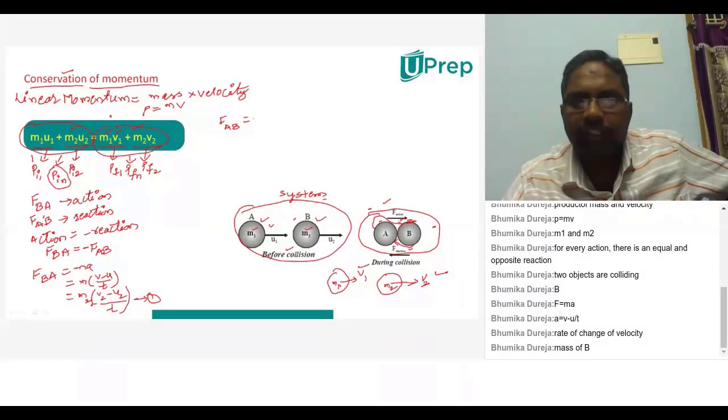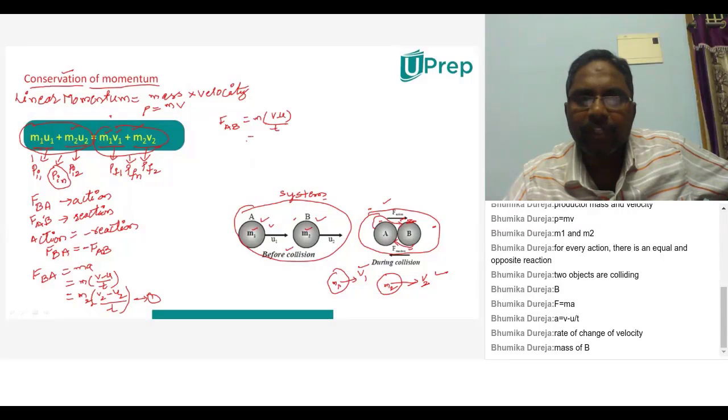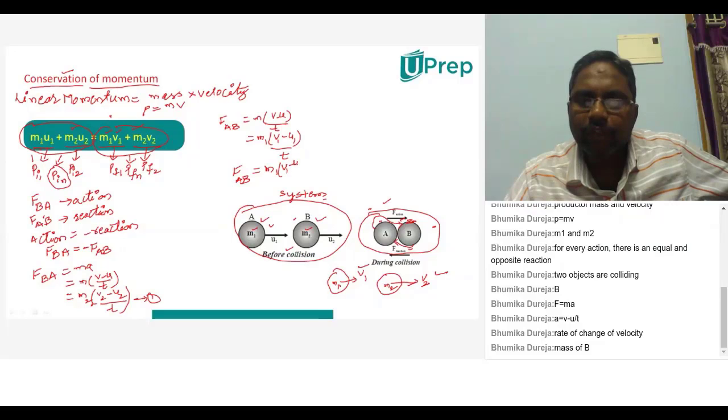I'm writing the general equation m into V minus U by T. So now m means mass of the first object, which is m1. Final velocity of the first object is v1 minus initial velocity of the first object is u1, divided by t, which is equal to FAB. So m1 into v1 minus u1, whole divided by t. I'm writing it as equation number 2.